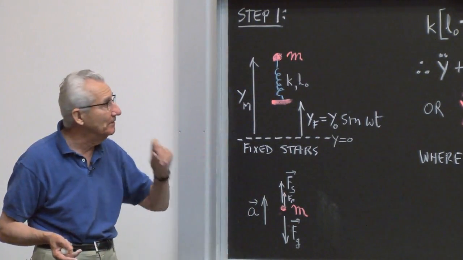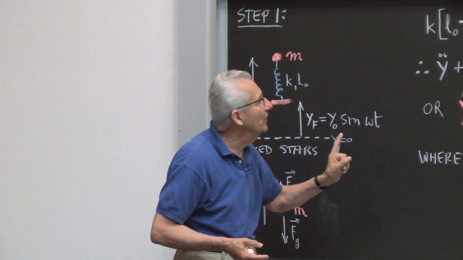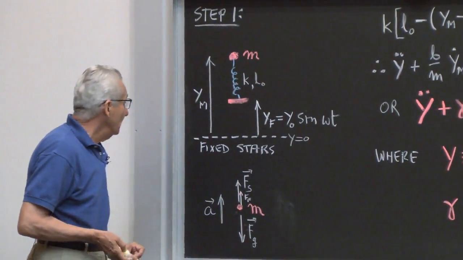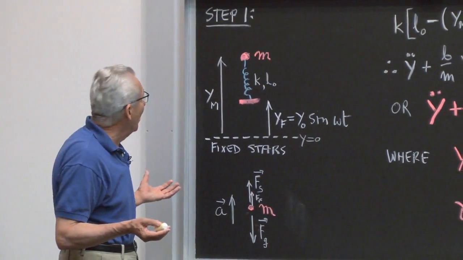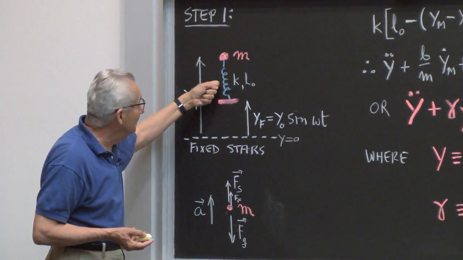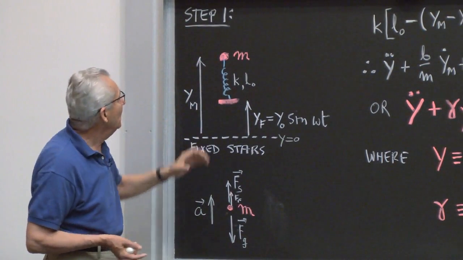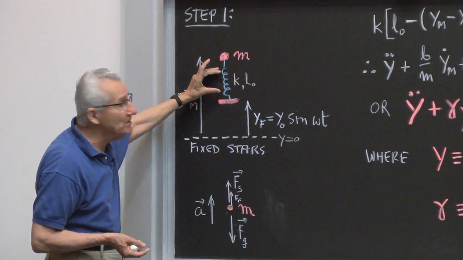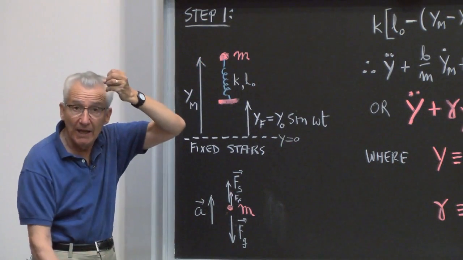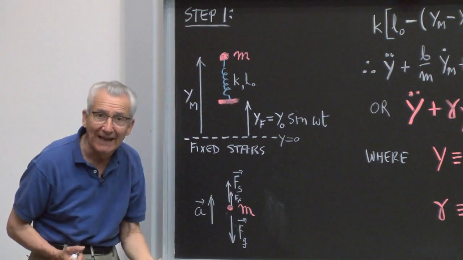I'll consider just the magnitude. My positive force is upwards. Okay? So at any instant of time, this mass will have a force due to the spring, and it will depend. If this spring is compressed, the force will be up. If it's elongated, stretched, the force will be down.